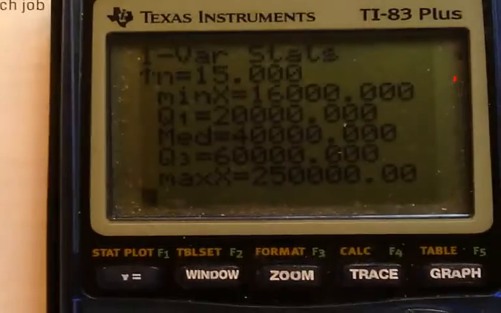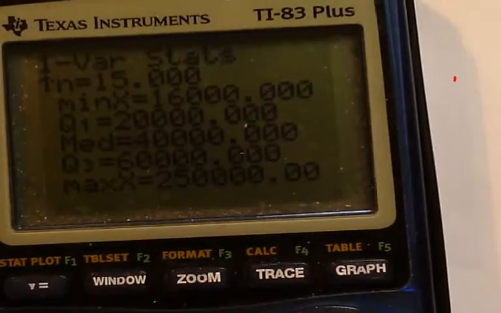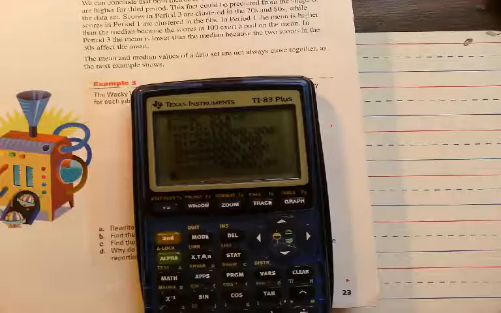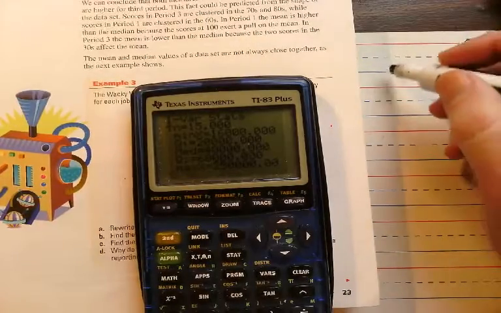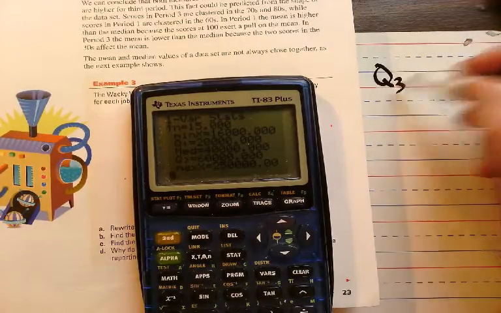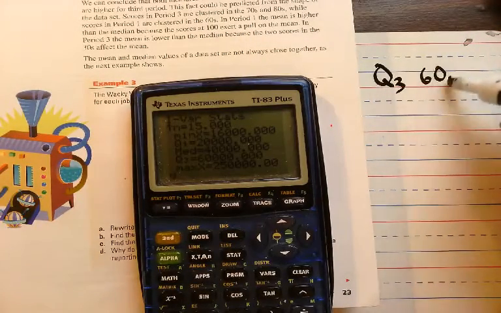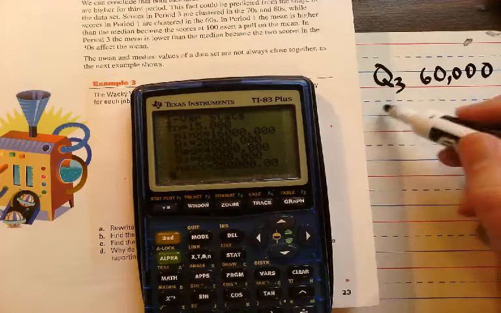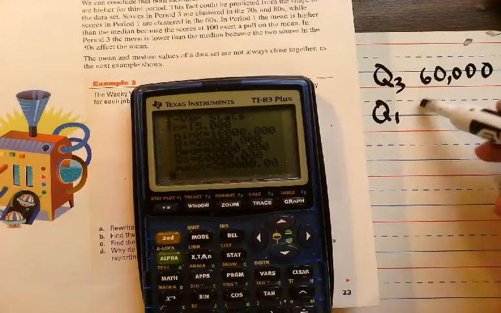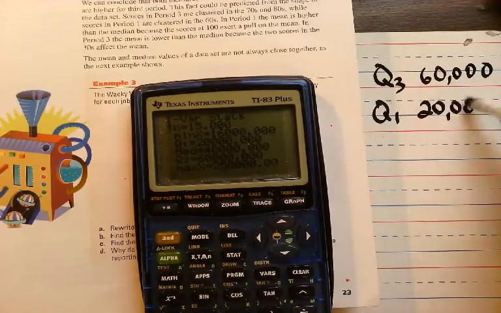So I've got the first quartile and the second quartile right there. I'm going to write them down for you. The third quartile is 60,000 and the first quartile is 20,000.